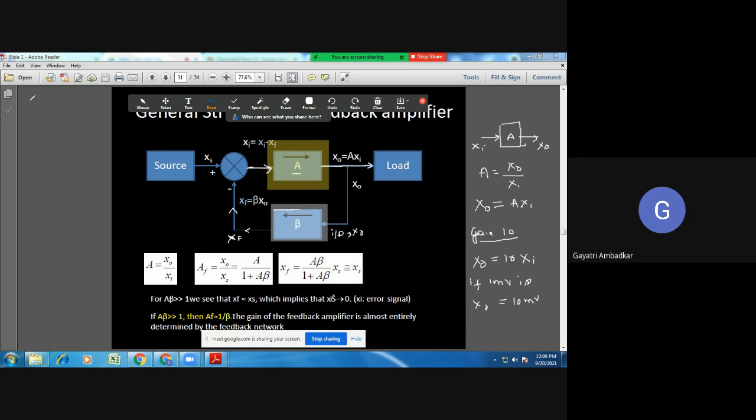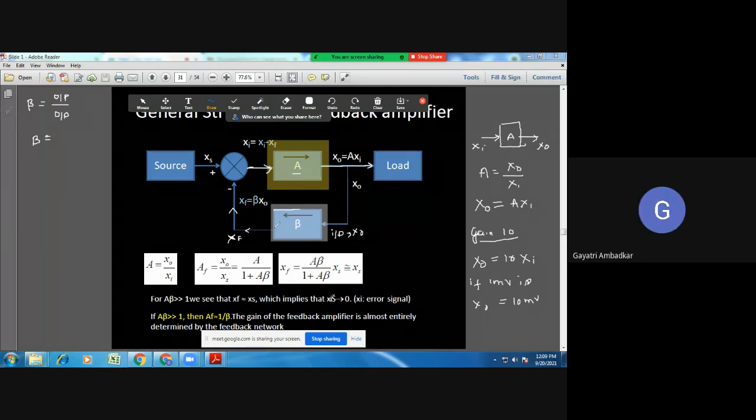So what is beta? Beta is the feedback gain. Wherever you define gain, it is always the ratio of output signal to input signal, output by input. What is the output of the beta network?